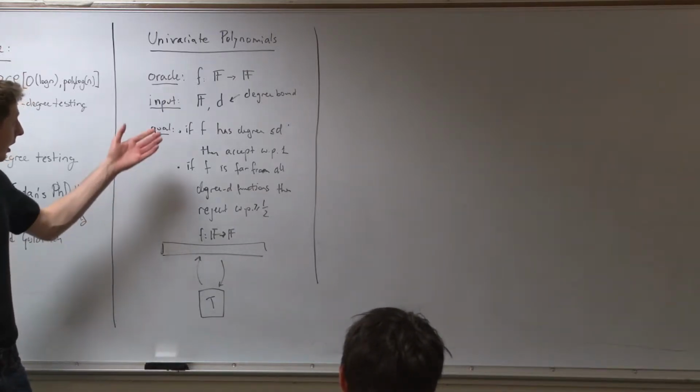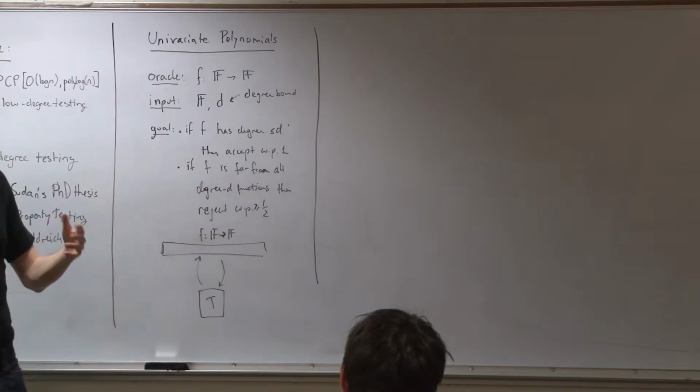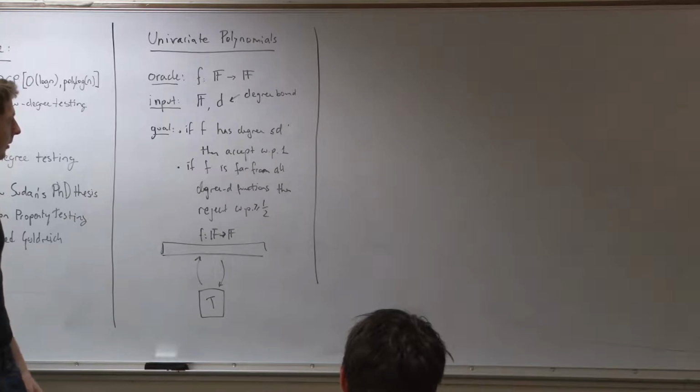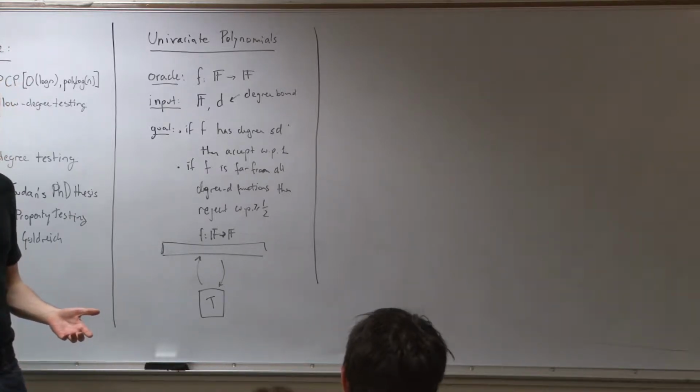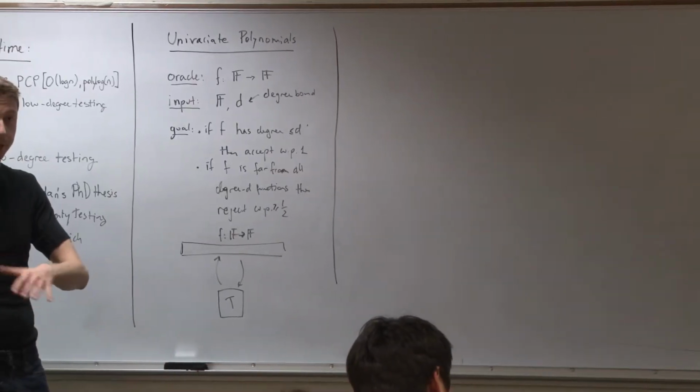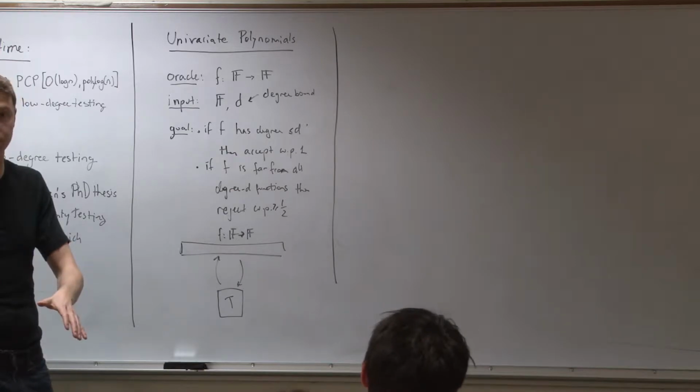So a polynomial of degree d is uniquely determined by d plus 1 values. I could query d plus 1 values. Notice that whatever answers I get, even if they're trash, they will define a degree d polynomial.